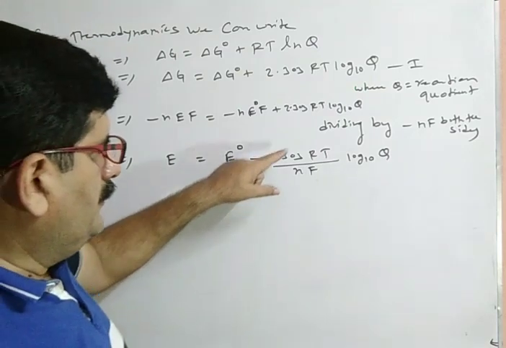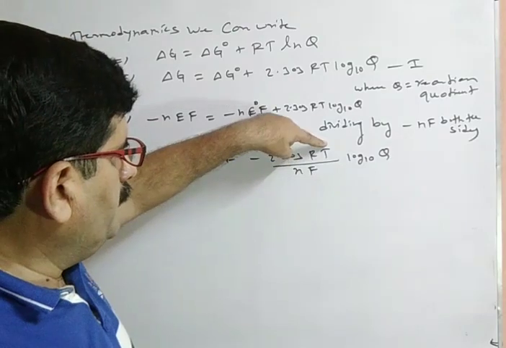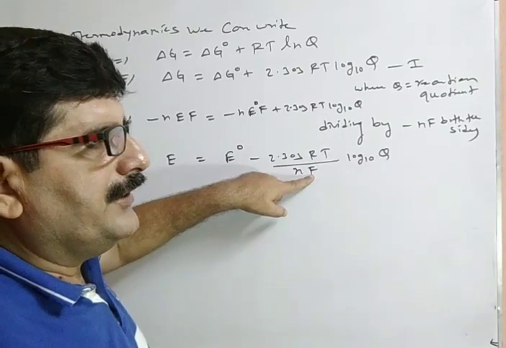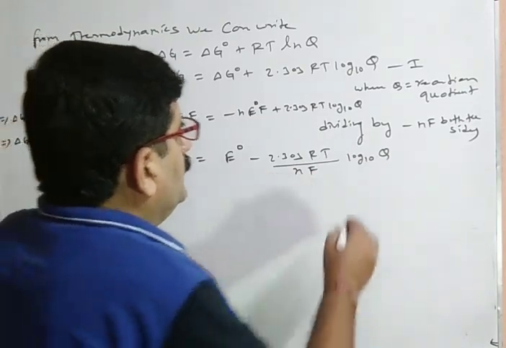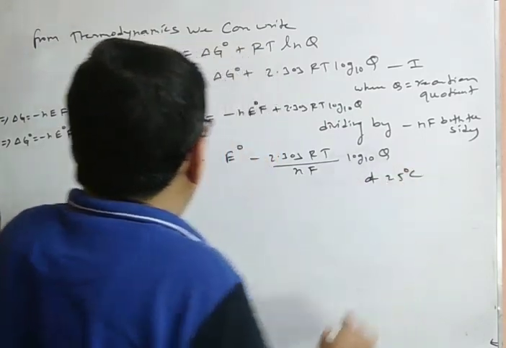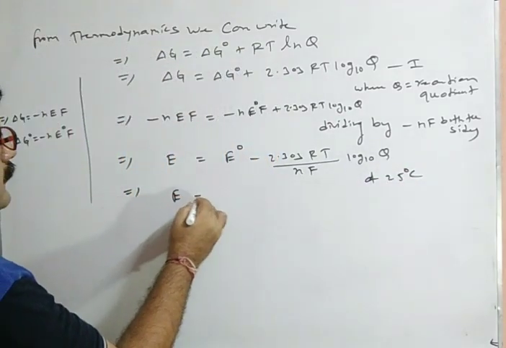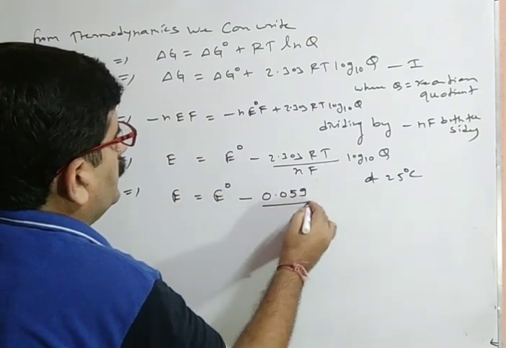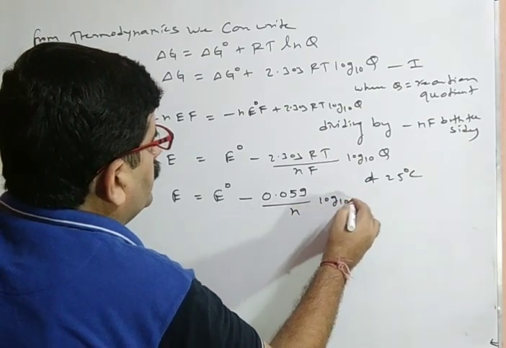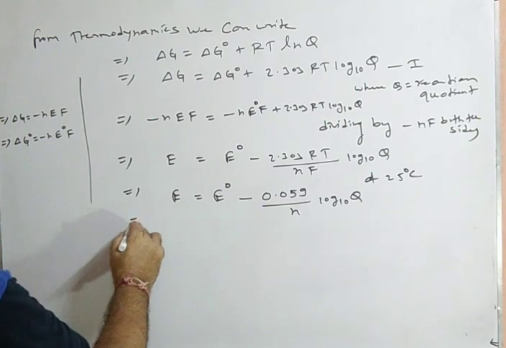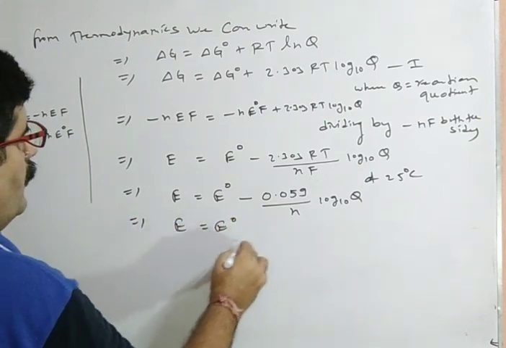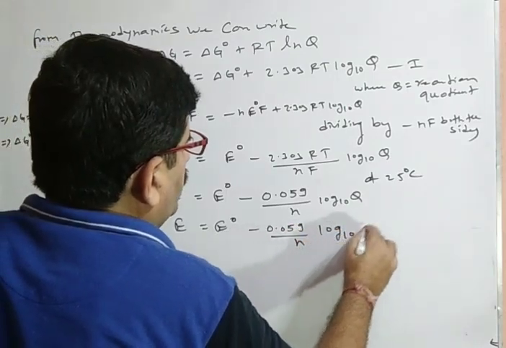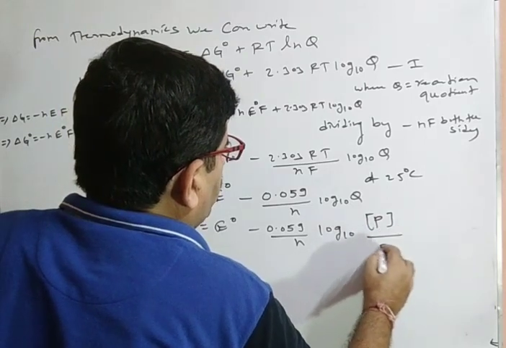R is constant. At room temperature T is considered to be 25 degrees centigrade. F is also constant, 96500 coulomb. So at 25 degrees centigrade, we can write E is equal to E naught minus 0.059 divided by n log base 10 Q. Or you can write E is equal to E naught minus 0.059 by n log base 10 of product concentration divided by reactant concentration.